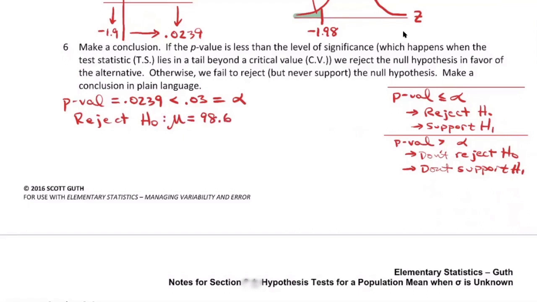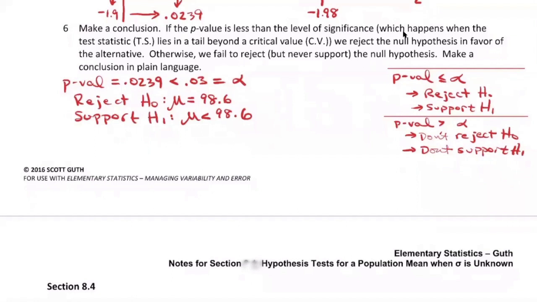In fact, we're going to support the claim, the alternative, that the mean is less than 98.6. So body temperature is brought lower when you put someone on Tylenol, and the data support that. I'm going to somehow squeeze all that in.